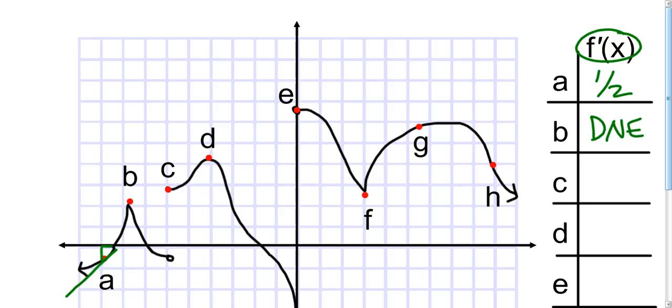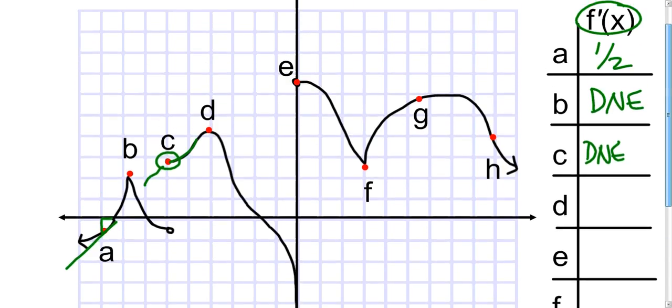Also at point C, because I can't approach point C from both sides. I can approach it from the right, but I can't approach it from the left. So here I'm approaching a y value, but I'm not approaching that same y value over here since it doesn't exist to the left. So since it's an endpoint, it does not exist either.